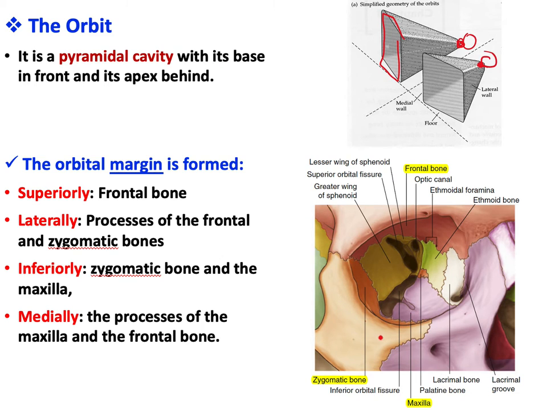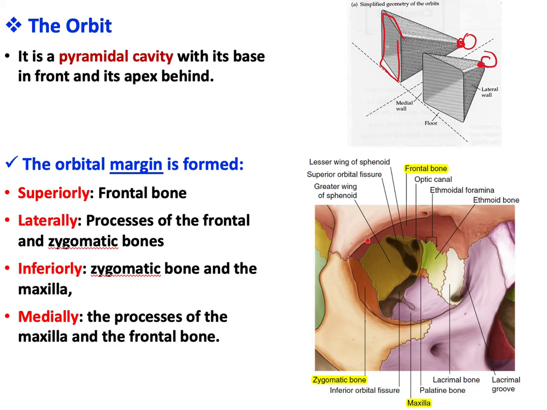Now this orbit is like a room, and of course it has a margin and it has walls. So let us start superficially and talk about the margins of the orbit. First of all, you have the superior margin, the inferior margin, the medial, and the lateral.